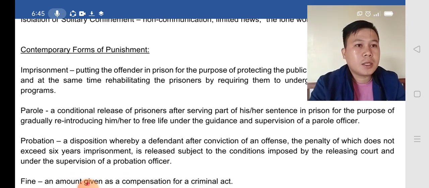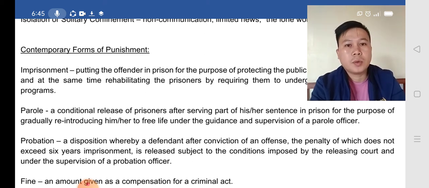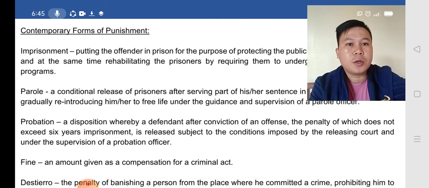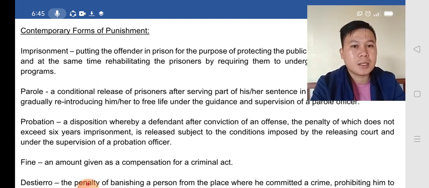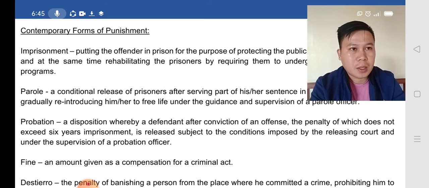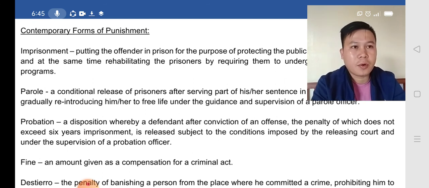Ang parole is subject for restriction, limitation na hindi niya dapat masuong. So we have probation, a disposition whereby a defendant after conviction of the offense, the penalty of which does not exceed 6 years imprisonment. So ang kaibahan ng parole at saka probation is, ang probation is 6 years imprisonment lang. So halimbawa nakaserve siya ng 3 years, so ang 3 years is doon na niya i-serve sa labas, subject for limitation.